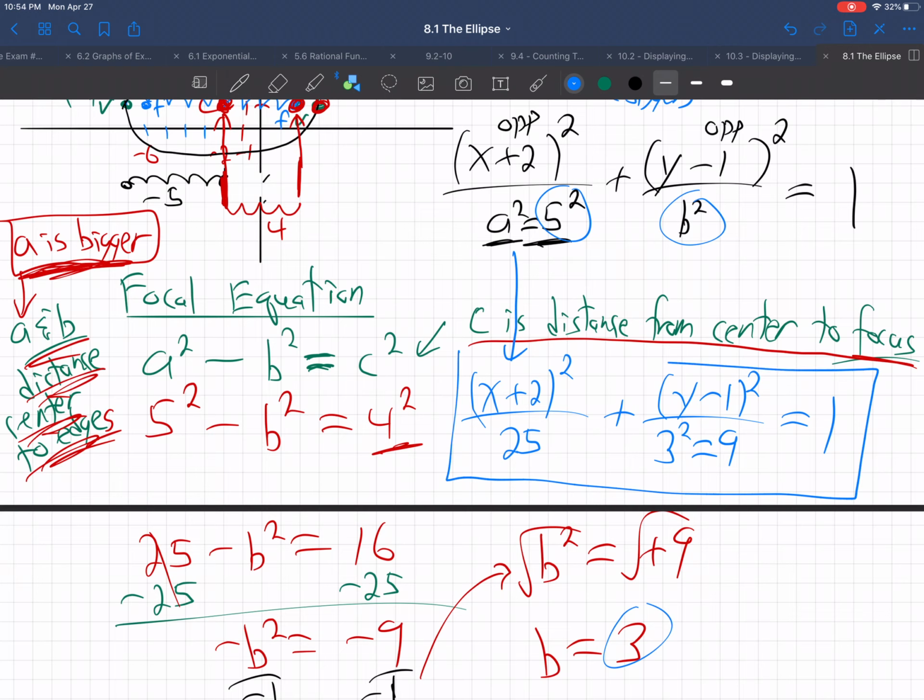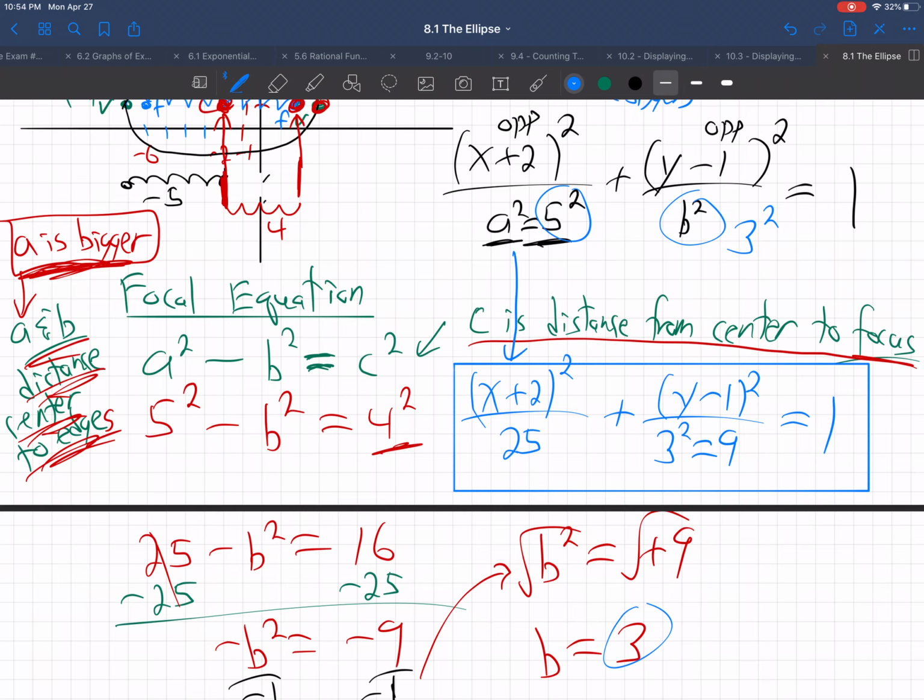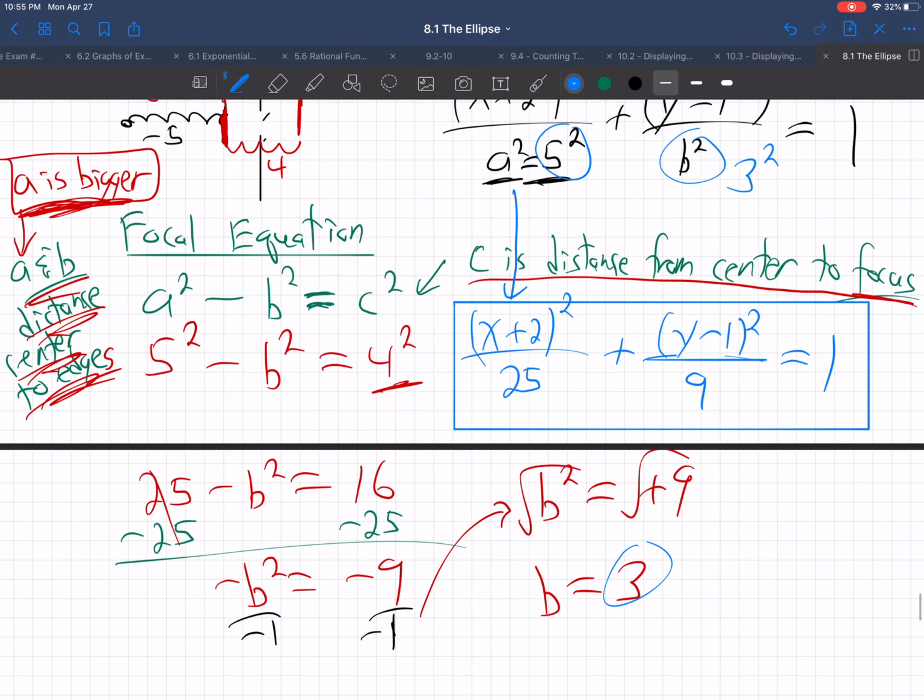So there is our equation. So that's a lot of work. So the trick was identifying A, B, and C.